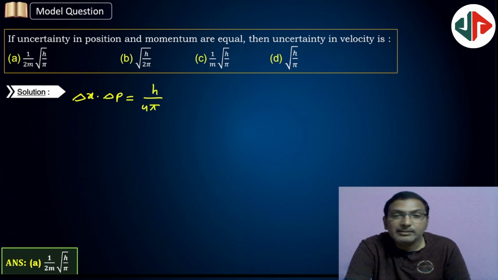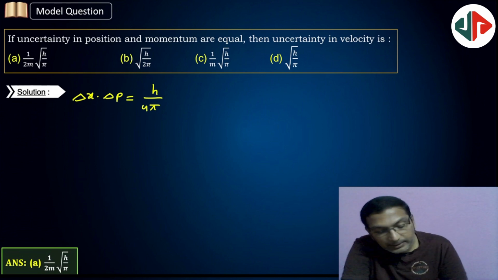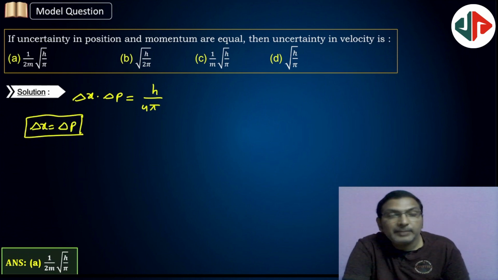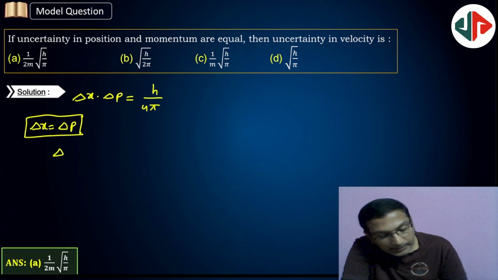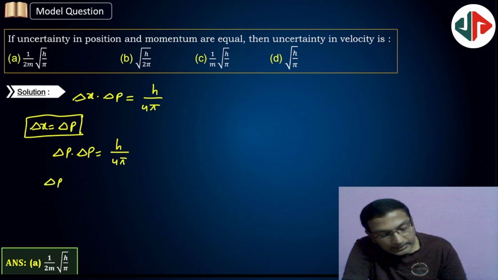Delta x is uncertainty in position, delta p is uncertainty in momentum. Here it is given delta x equals delta p. So in place of delta x, I am taking delta p. Delta p into delta p equals h by 4 pi. That is delta p square equals h by 4 pi.